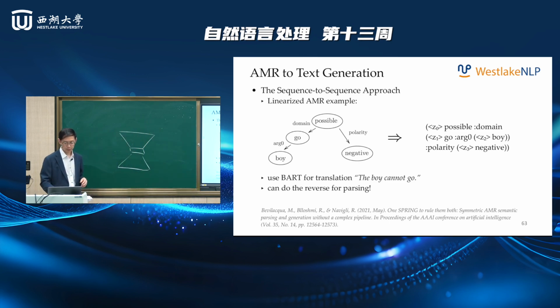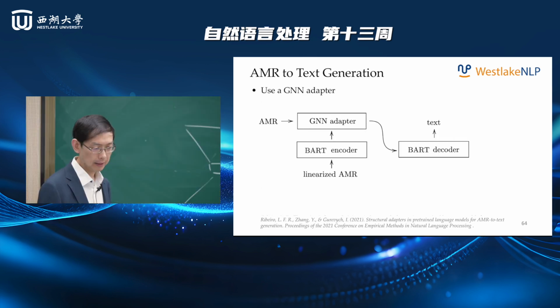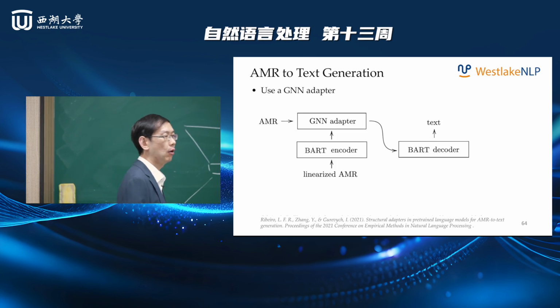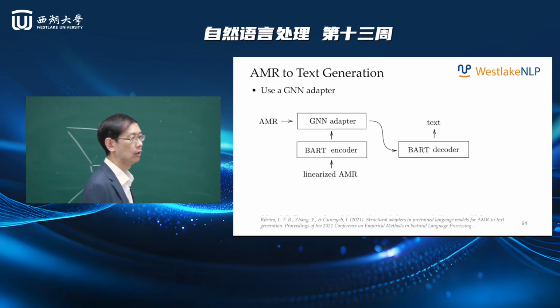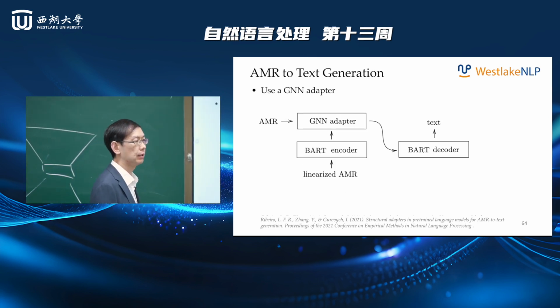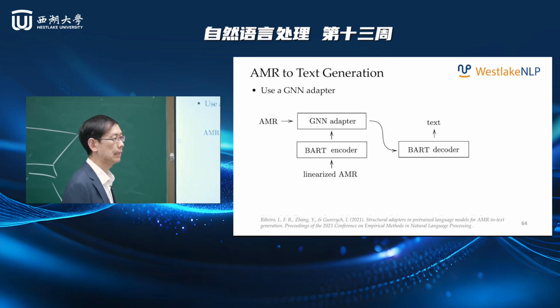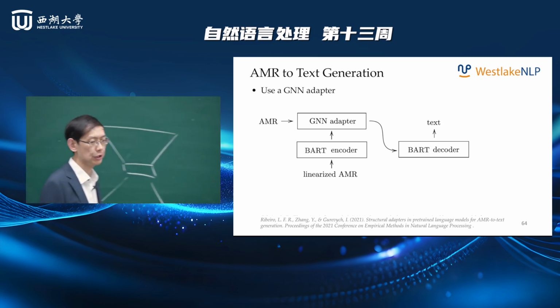And then you can tune BART to translate a sequence into a graph sequence or vice versa. So this is called AMR parsing or AMR-to-text generation. The interesting thing is you can also add a graph neural network on top of the BART encoder to better represent the structure. I only tell you the intuition.